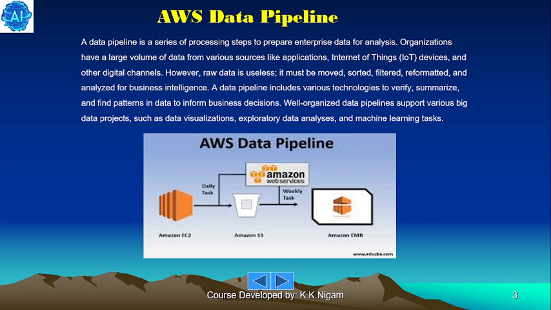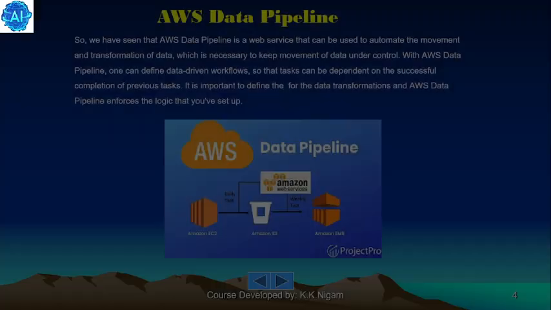A data pipeline includes various technologies to verify, summarize, and find patterns in data to inform business decisions. Well-organized data pipelines support various big data projects such as data visualization, exploratory data analysis, and machine learning tasks.